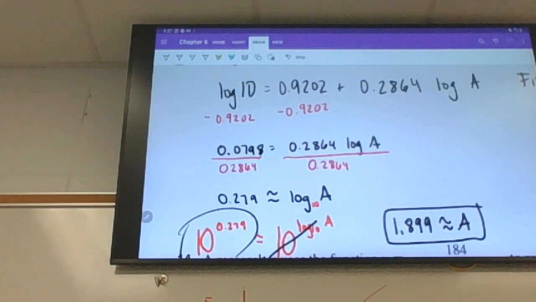I actually used the whole thing in there because I still had it in my calculator. I wrote it down. Because like the work we did yesterday, 1.846.